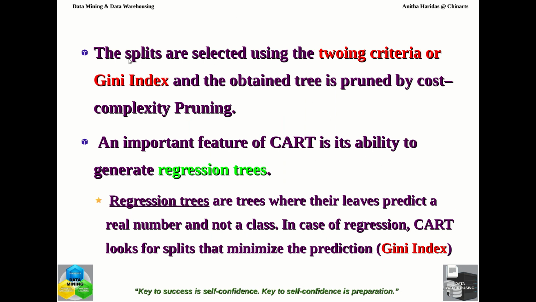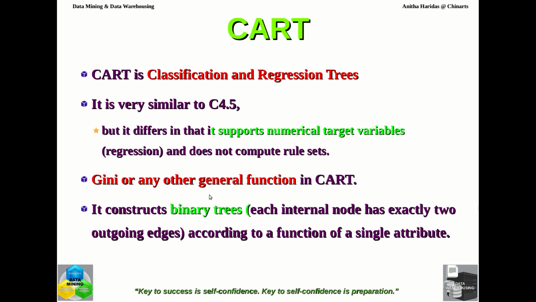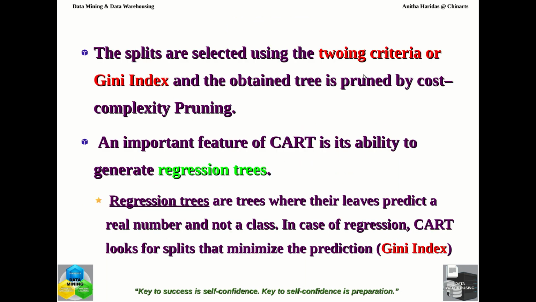And here, as I told you, the splits are selected using the Twoing criteria or Gini index, right? So that is what is told here. These are the two values that are used as the evaluation measure in CART. So it uses the Twoing criteria or Gini index, and whatever tree you are going to generate with these, they are used for selecting the best splitting attribute and the best splitting criteria.